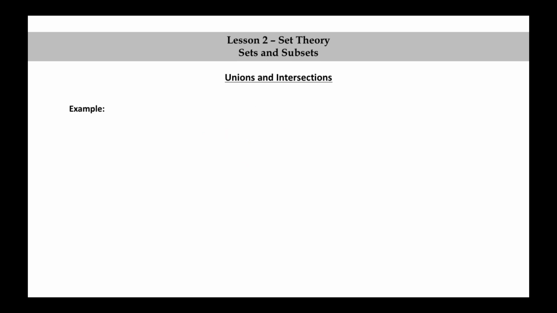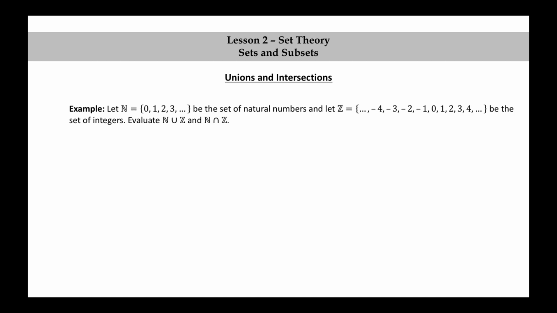Let's look at another example. Let N be the set of natural numbers, and let Z be the set of integers. Evaluate the union of N and Z and the intersection of N and Z. Well, the union of N and Z is just Z, and the intersection of N and Z is just N. Note here that N, the set of natural numbers, is a subset of Z, the set of integers.